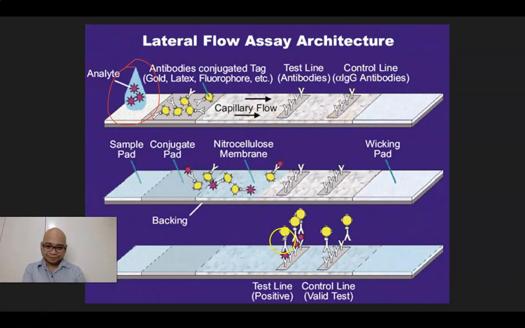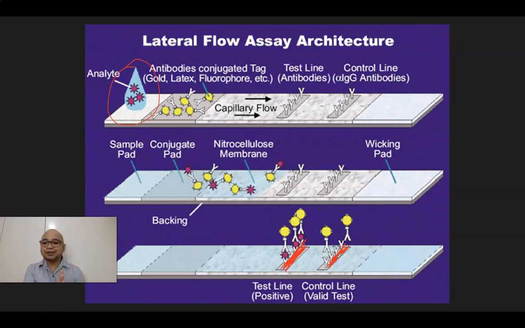So if the antibodies reach the test line antibodies, it will form somehow like a sandwich. So it will form color. And in order for the test to be valid, there should also be a line in the control test. Okay, so in 15 to 30 minutes, we'll have the result, if it is the lateral flow assay or the immunochromatographic assay.